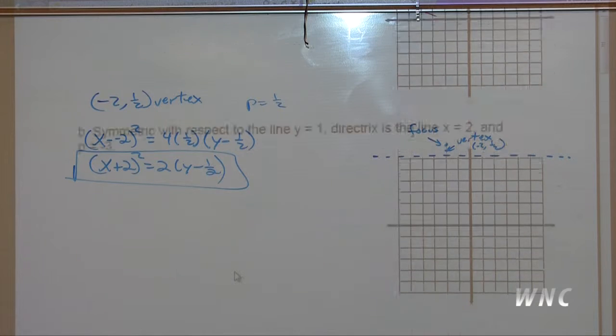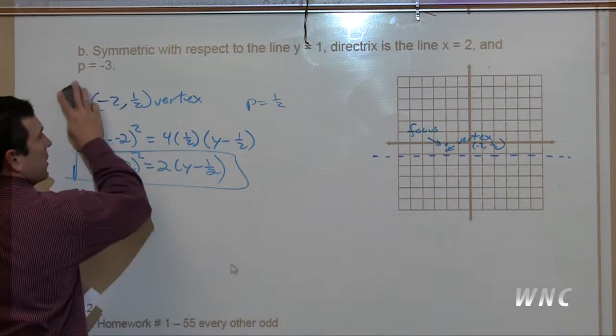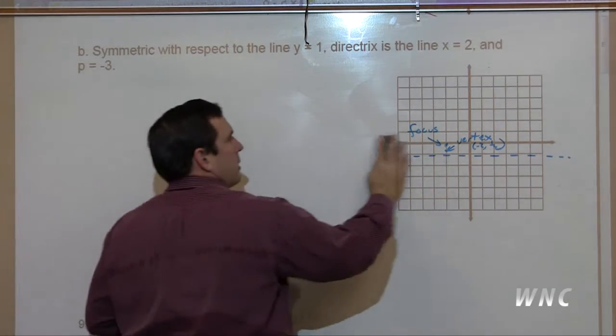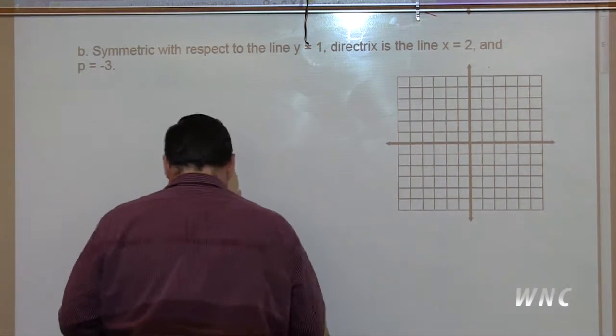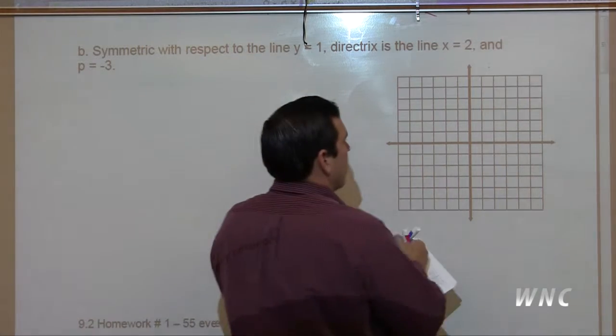Let's do another one of those. Some more clues. Let's play detective here. Symmetric with respect to the line y equals 1. Y equals 1 is a horizontal line. Directrix is the line x equals 2. So x equals 2 is a vertical line.